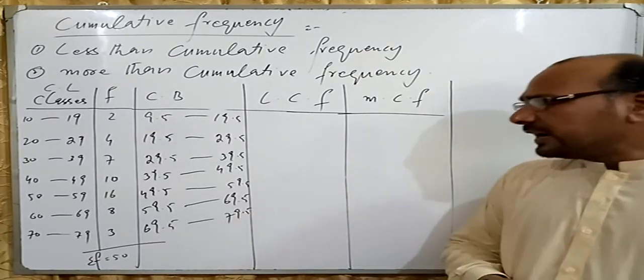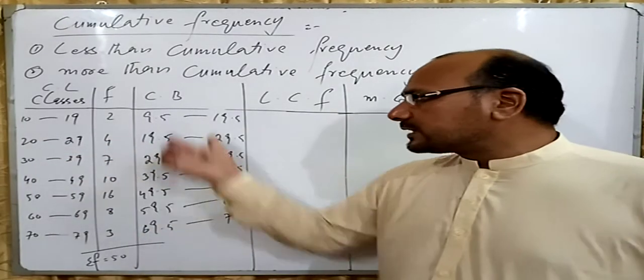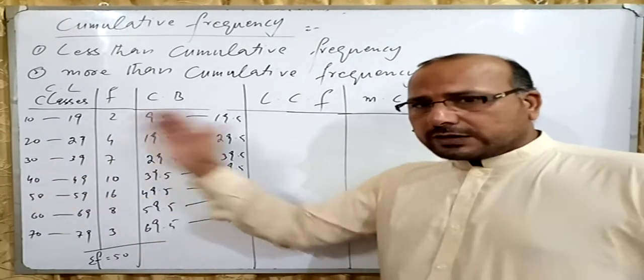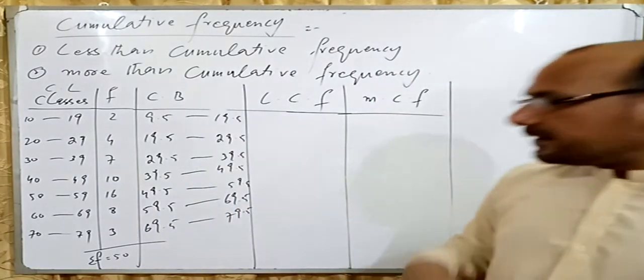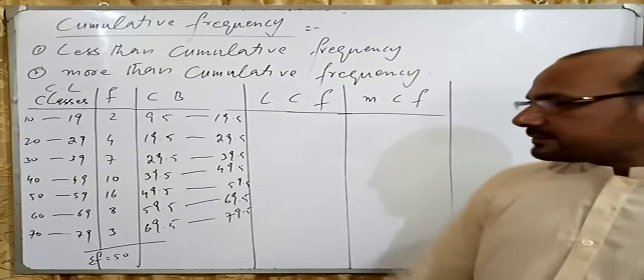Now, after the conversion of class limits into class boundaries, if class limits are given, you have to convert them. If not, then directly use the class boundaries if they are already given in continuous form.